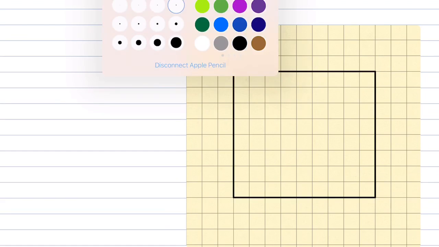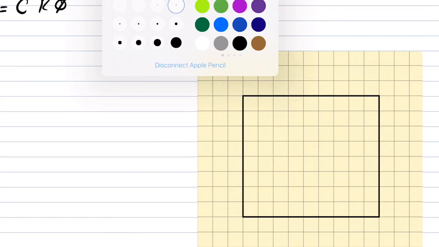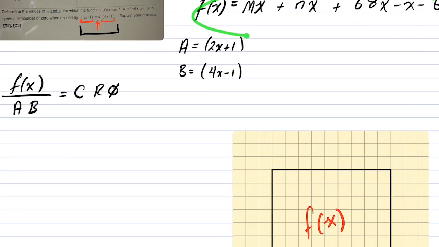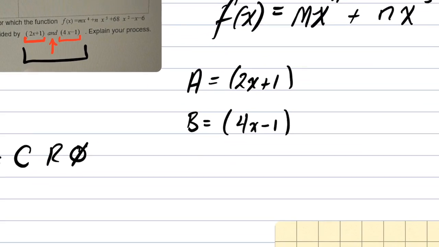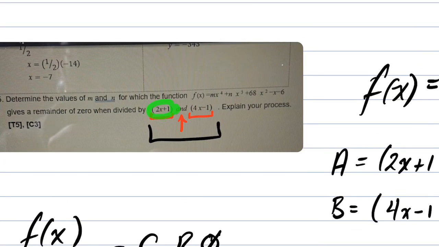And if we're thinking about remainders, we have this box here, and this box represents f of x. It represents this big function up here. What we need to figure out is what values of m and n make it so that both of these are factors of this.